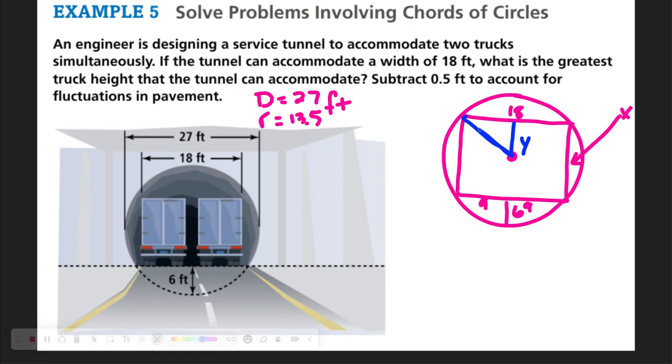You got to draw your radiuses. Because what did we say our radius was, Hallie? 13.5. And up here, this is 9. So, Caden, how are we going to find y? You've been on fire today with your Pythag. 9 squared plus y squared equals 13.5 squared.